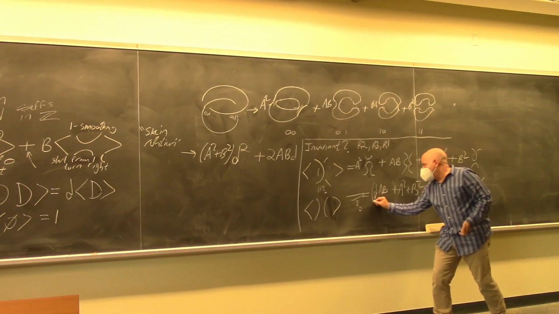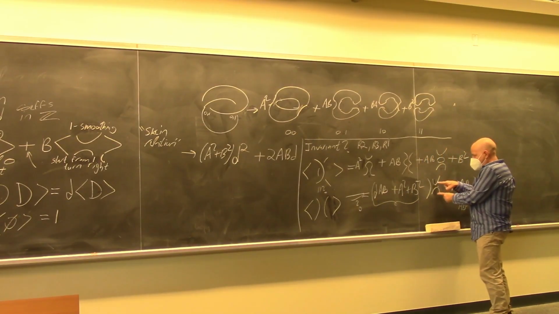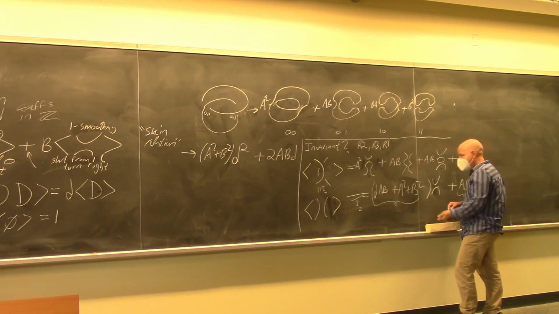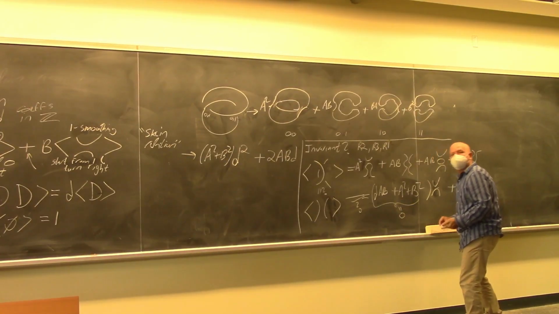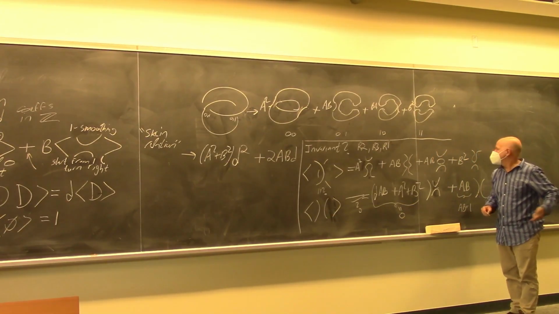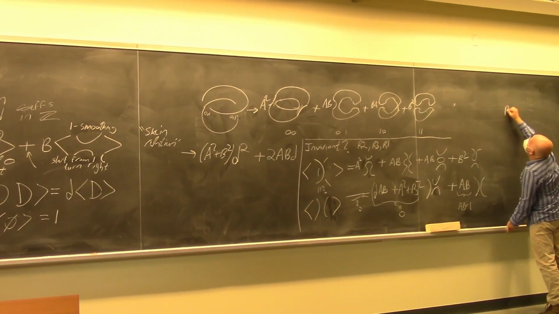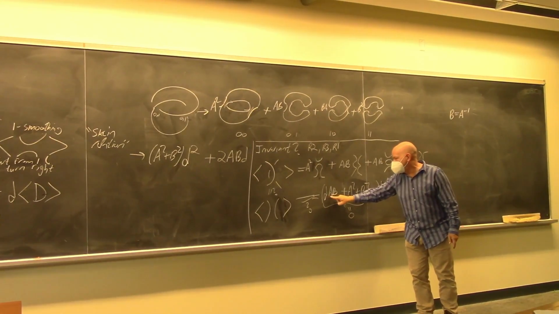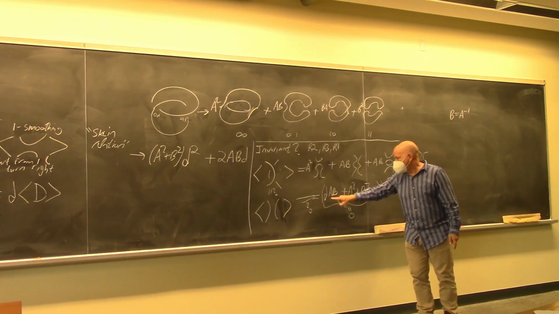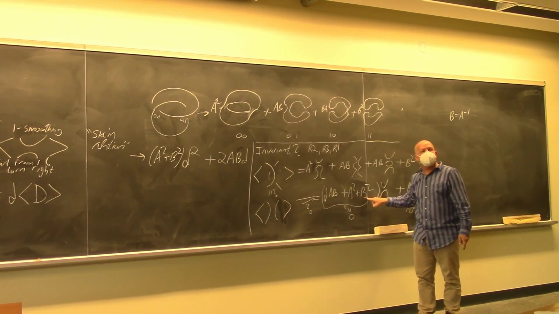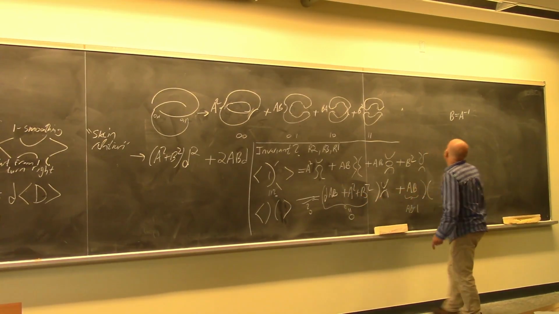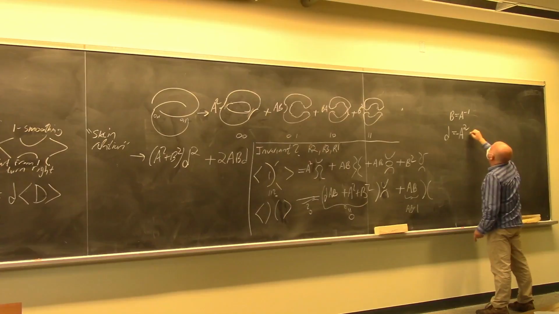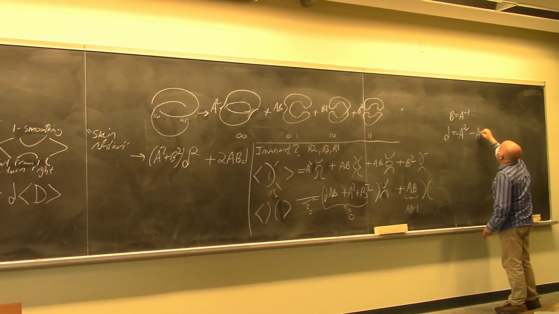But then this also has to, you see, this smoothing does not even appear on the left-hand side, so the coefficient must be 0. So this must be equal to 0. And so we lose another variable. So the conclusion is B is equal to A inverse. And if B is equal to A inverse, and this is 1, so D plus A inverse plus A to the minus 2 is equal to 0. So D is equal to negative A squared minus A to the negative 2.